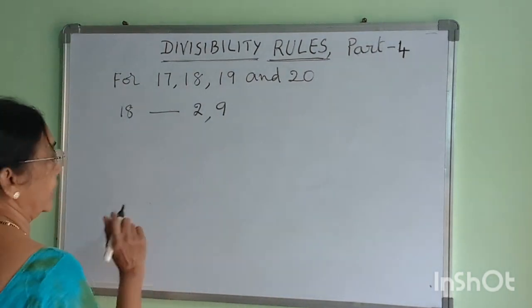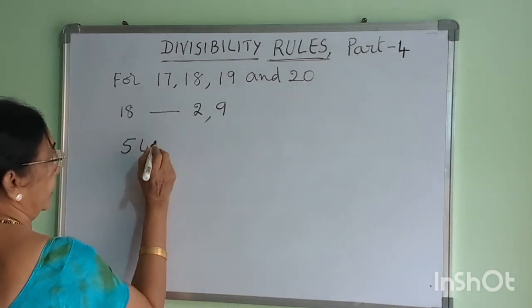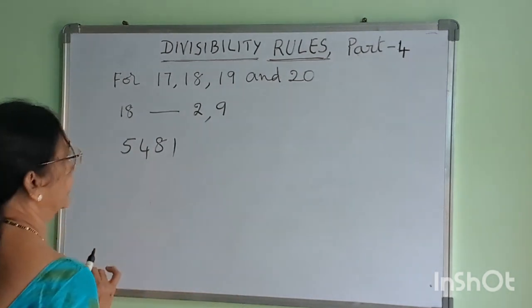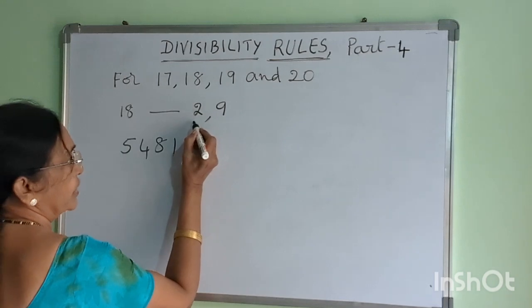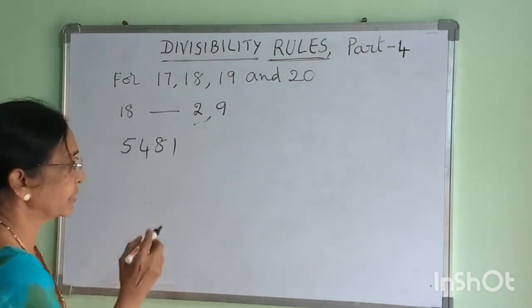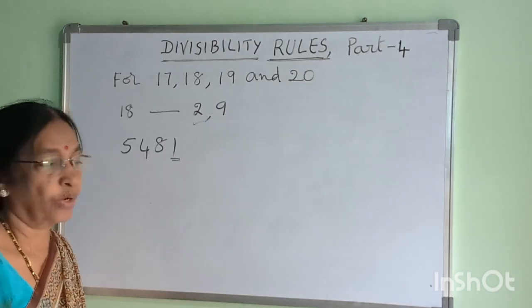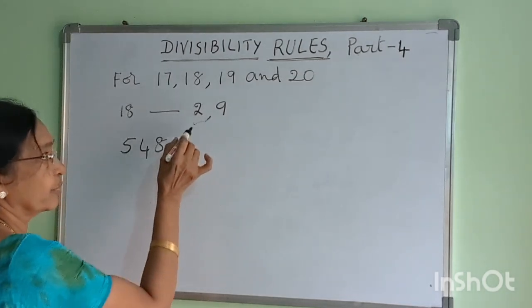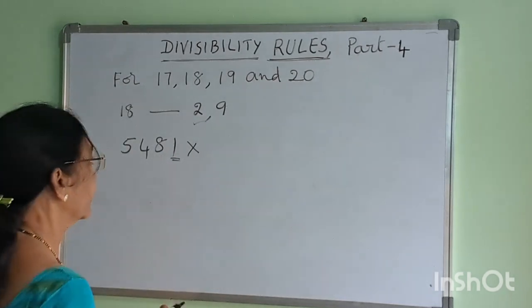Let us take a number 5481. First, let us see. It is not divisible by 2 because in the units place it is 1, an odd number. Only if there is an even number in the units place, it is divisible by 2. Therefore, this whole number is not divisible by 18.